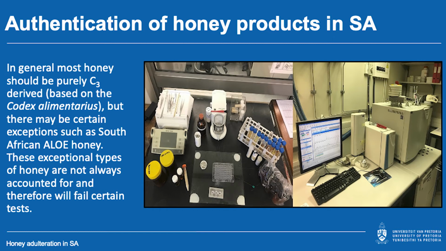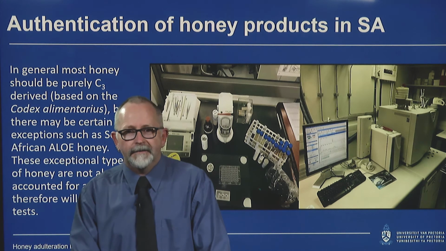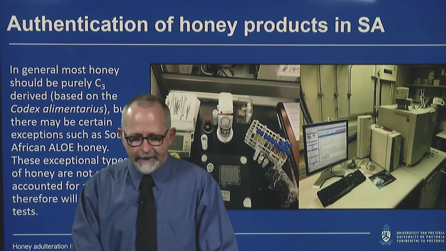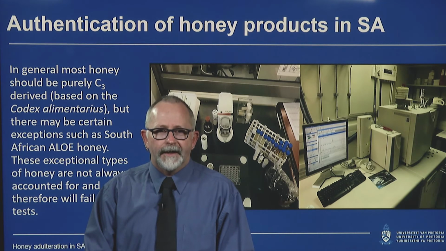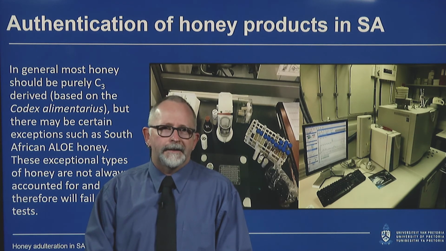These exceptional types of honey are not always accounted for, and therefore will fail certain tests, particularly if they are sent overseas for analysis, which has been the case. Most of the isotope analysis that's been taking place over the last few years, since the issue of honey adulteration appeared on the horizon, has been done at European laboratories.